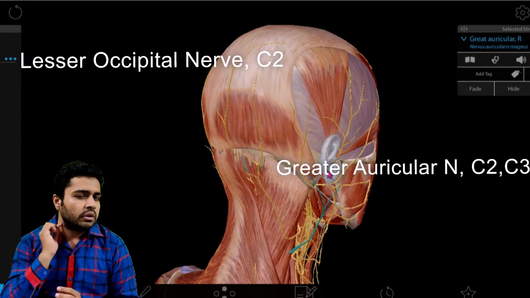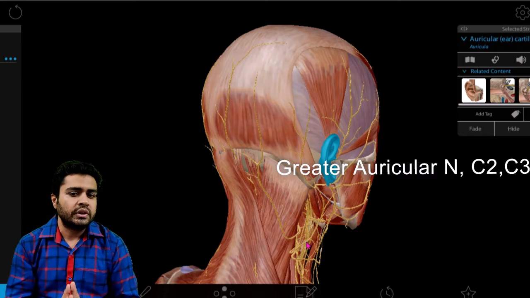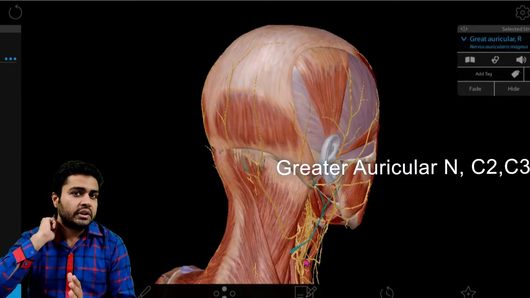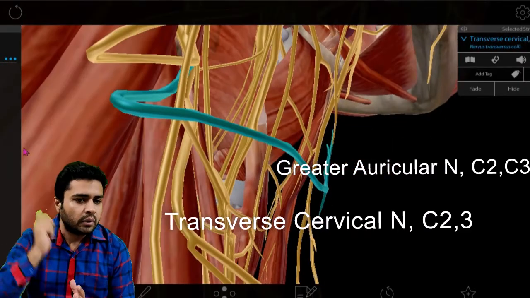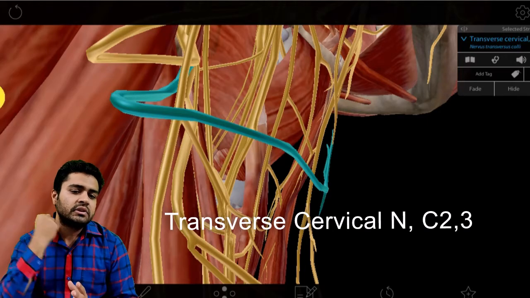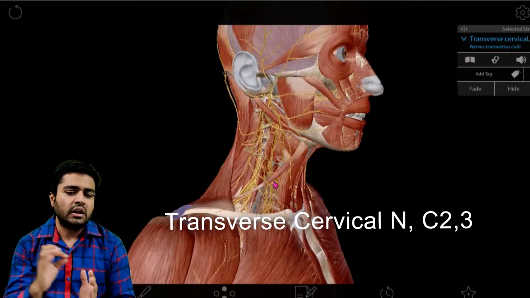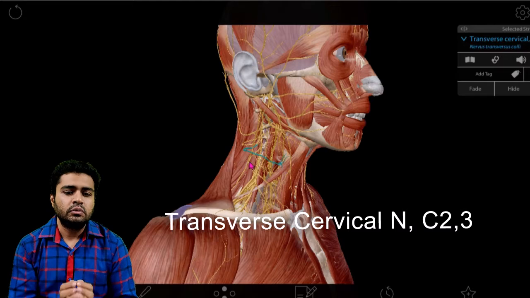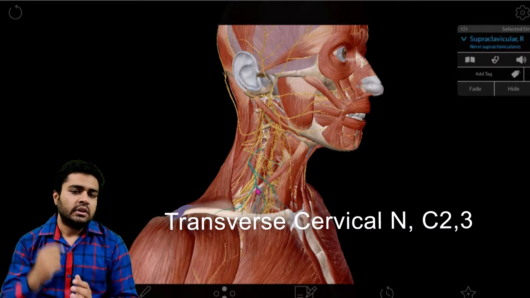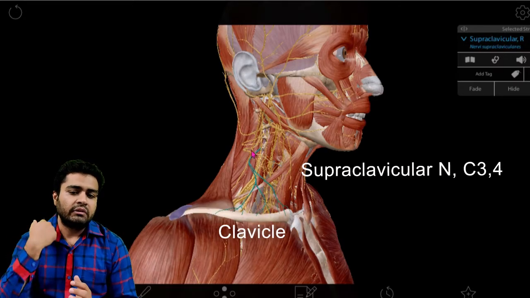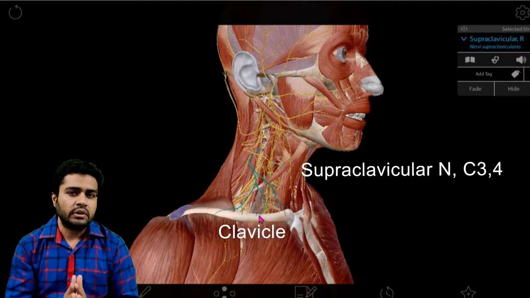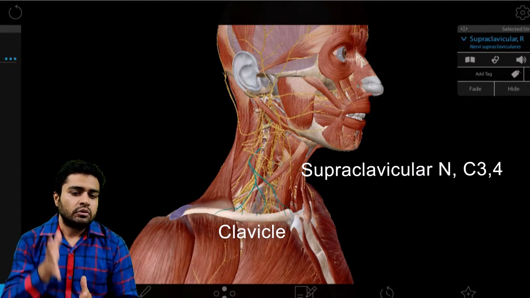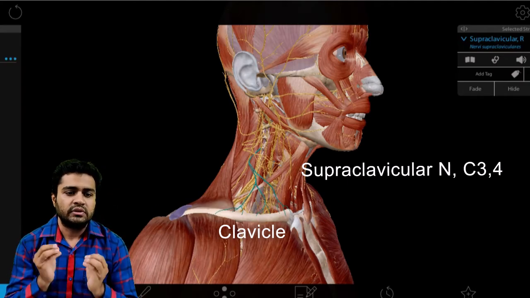Another one going towards the auricle, with root value C2, C3, is known as the greater auricular nerve. One nerve which is transversely situated is the transverse cervical nerve, with root value C2 and C3, and one nerve is the supraclavicular nerve, with root value C3 and C4. So four main nerves you can just remember.